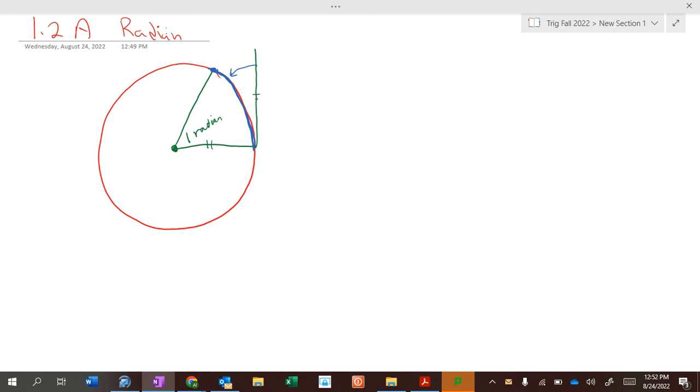Okay. What is 2 pi? What is the formula that 2 pi is involved in? Look over there somewhere. Do you see 2 pi? 2 pi r. 2 pi times the radius is the circumference of a circle.